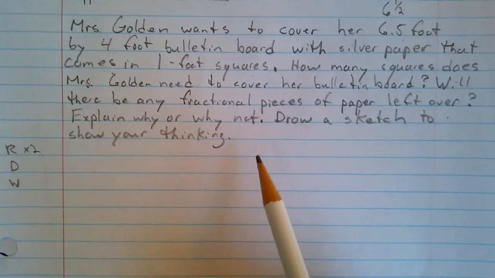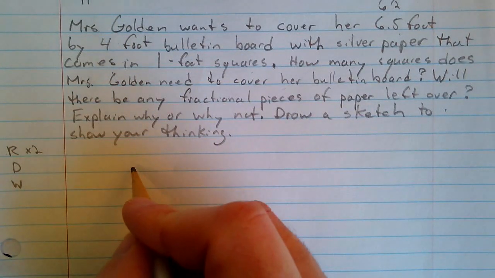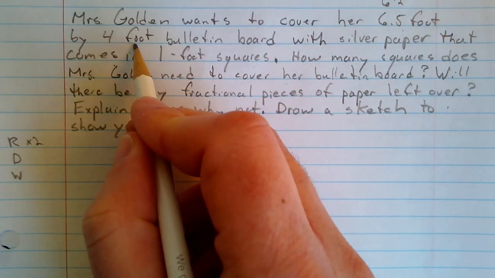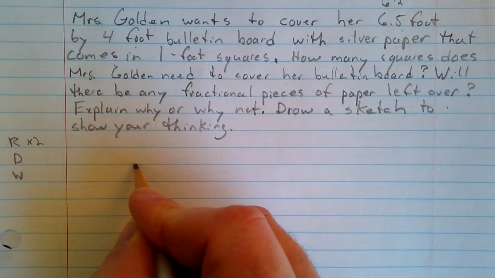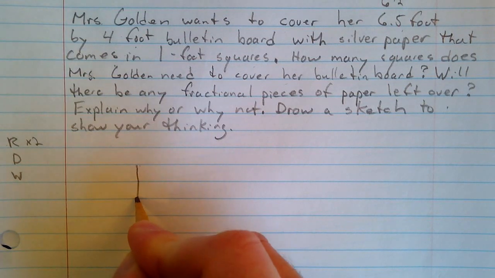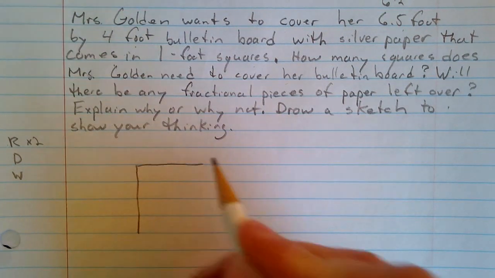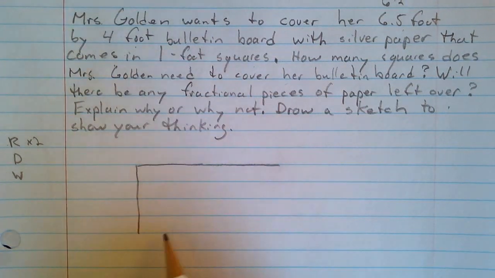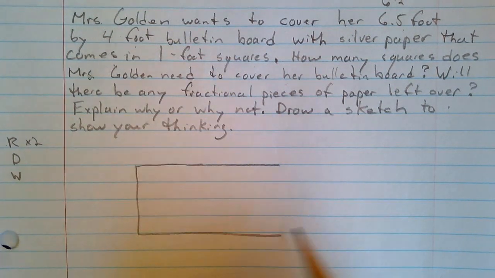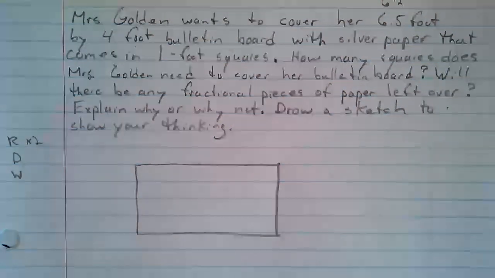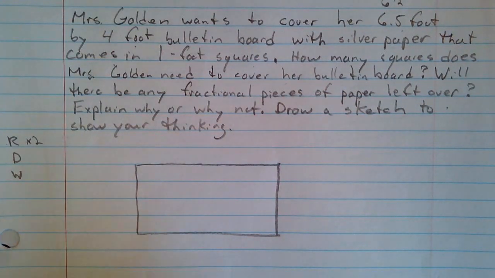All right, so I think that the place to start is to draw a nice bulletin board. And it's 4 feet by 6.5. So I'm going to go 1, 2, 3, 4, and then by 6.5. So maybe about that much. And I'm starting to think about how we did multiplication with an area model back in Module 3.